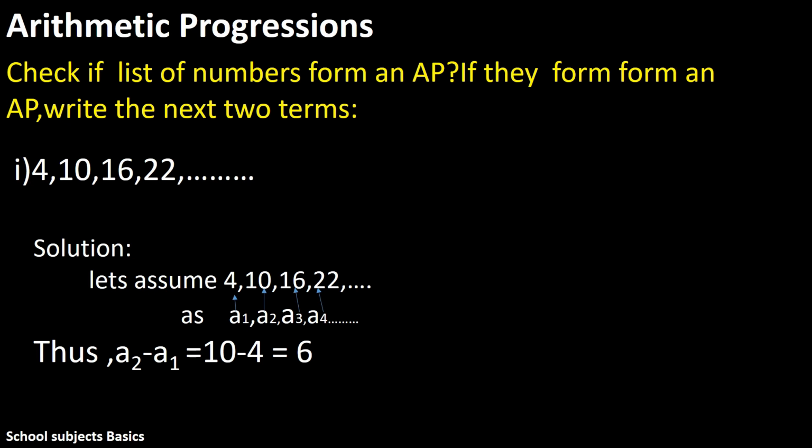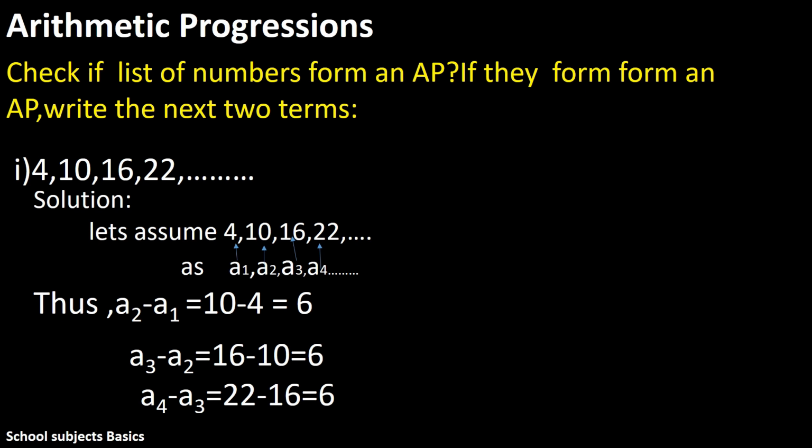Next we check the next term, that is A3 minus A2. A3 is 16 and A2 is 10, so 16 minus 10 is 6. Again we check the next one, A4 minus A3. We know that A4 is 22 and A3 is 16. If we subtract 16 from 22, we again get 6.